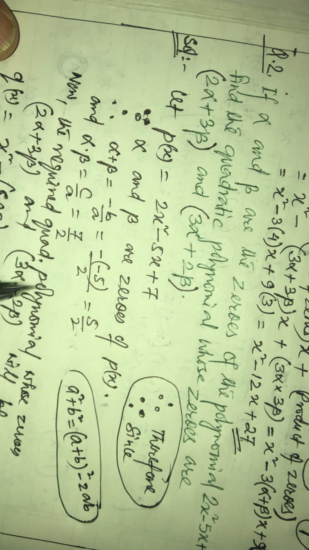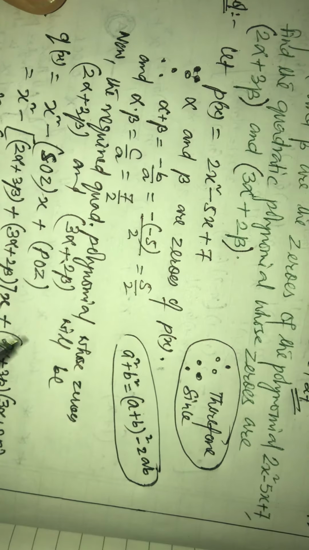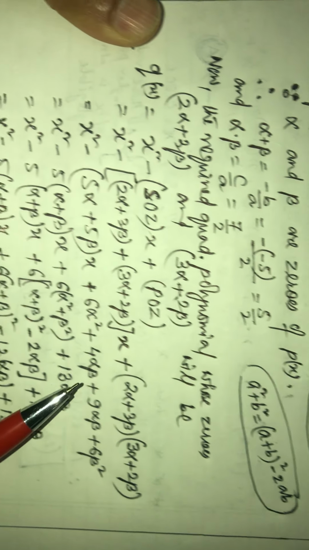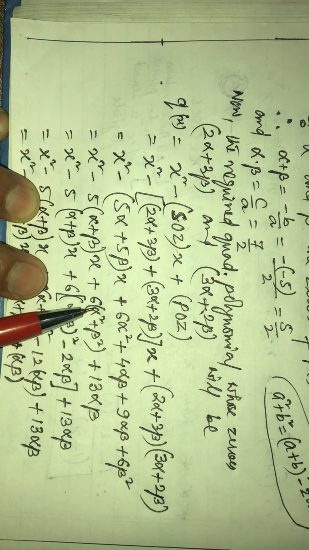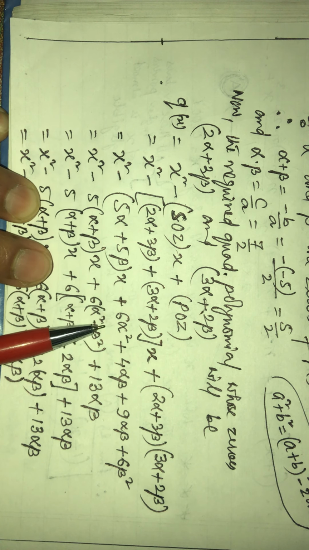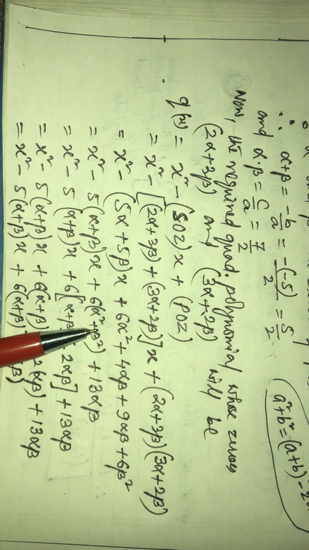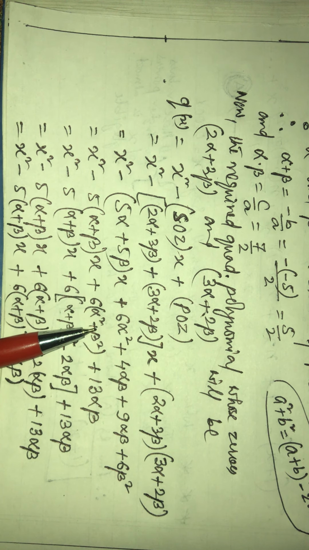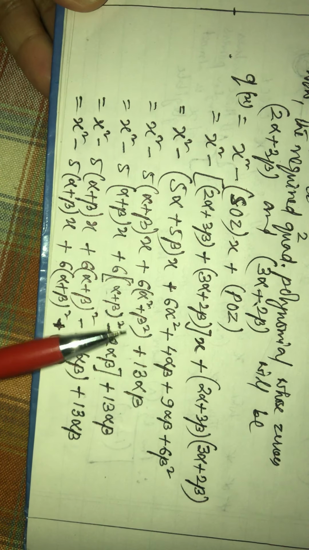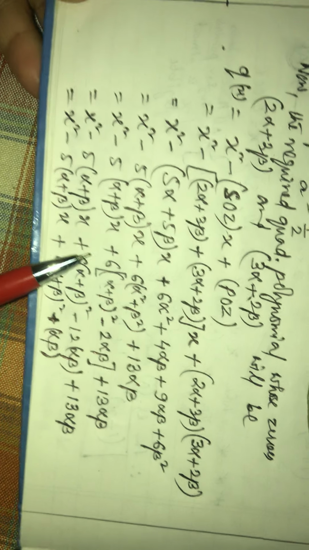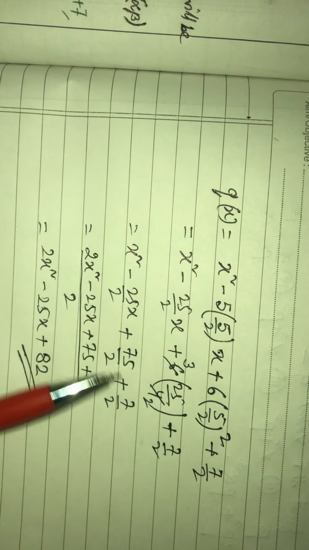That could be smaller, means the steps would be shorter there, but this method, as I told you, I used only because of this one, alpha square plus beta square. This concept we need in some other questions, and obviously when we go to question number 2, the second type of question today, there we will see this. So that's why I did. Don't worry about the length of this solution. Try to understand the concept.